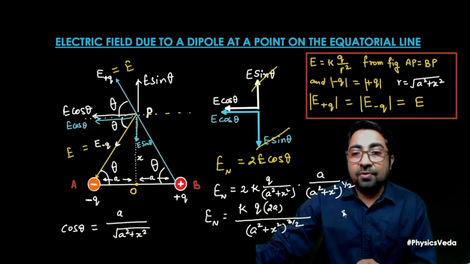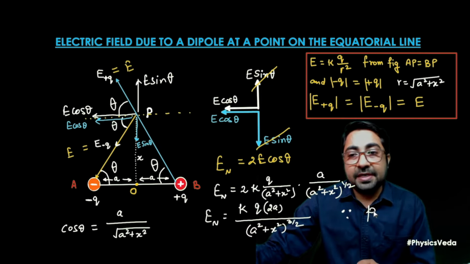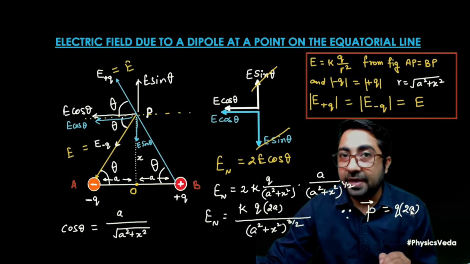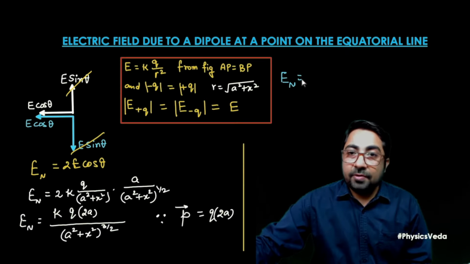Since the electric dipole moment P is equal to Q into 2a, I can replace this value in the net electric field, E net at the equatorial point, which is equal to the constant K.